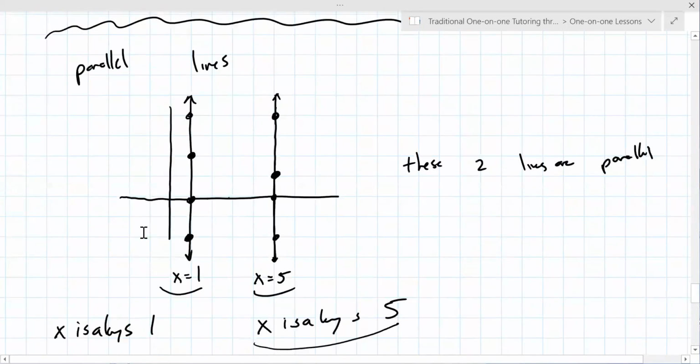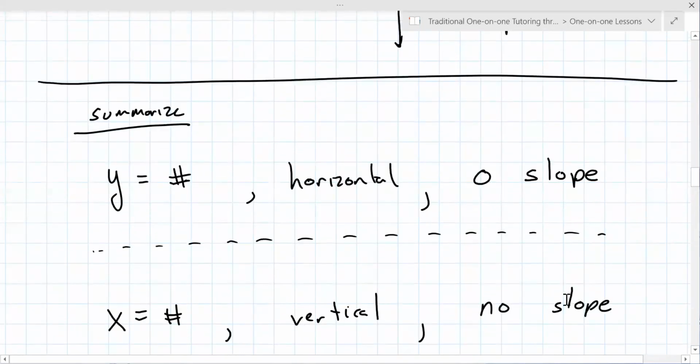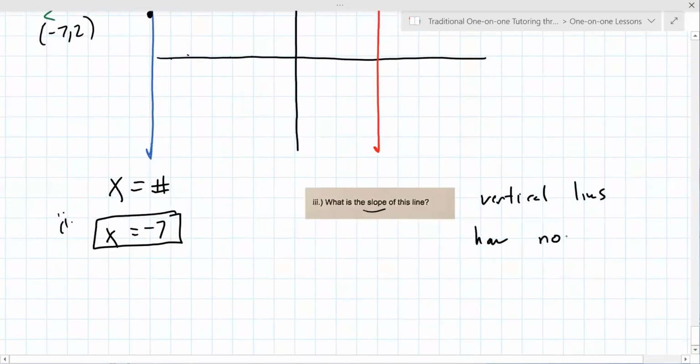So what kind of slope does a vertical line have? No slope. Yes. Okay, so we can say vertical lines have no slope. So that's your answer to part 2, part 3, I guess.